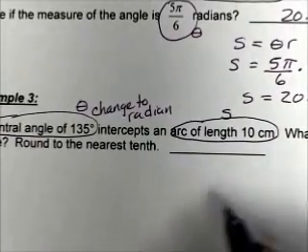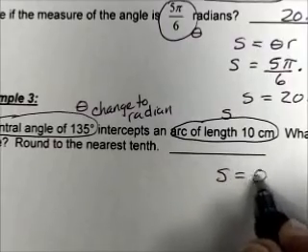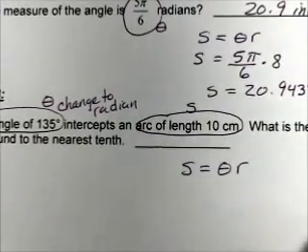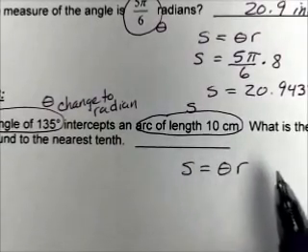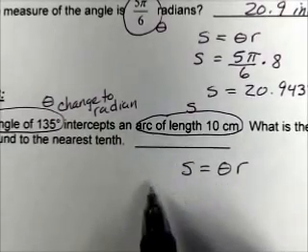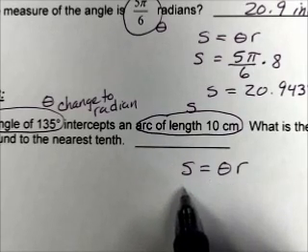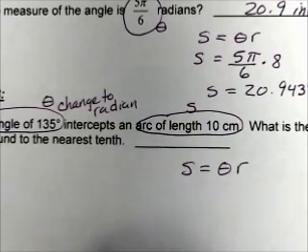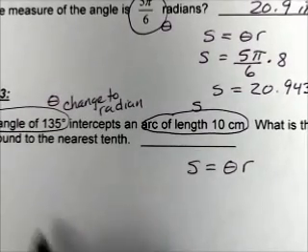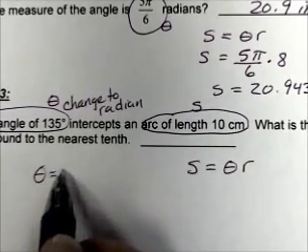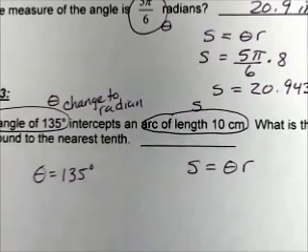So we have S equals theta r. We're trying to find the radius. Let's see, how do I want to do this? Should I divide by theta or should I make our substitutions? Well, I think first we'll take the theta value of 135 degrees and convert that to radians.